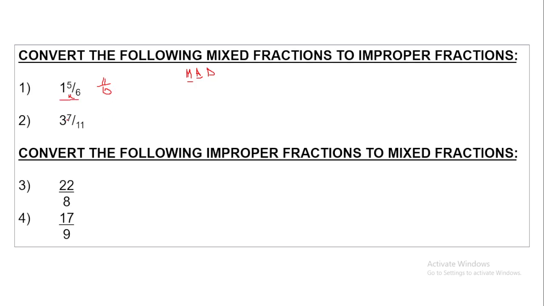And then for number 2, we're gonna go and say this, and then this will add with the answer that we get. 11 multiplied by 3, that's gonna give us 33. And then once we get 33, we say 33 plus 5, that's gonna give us 38 over 11. So this will be the improper fraction.